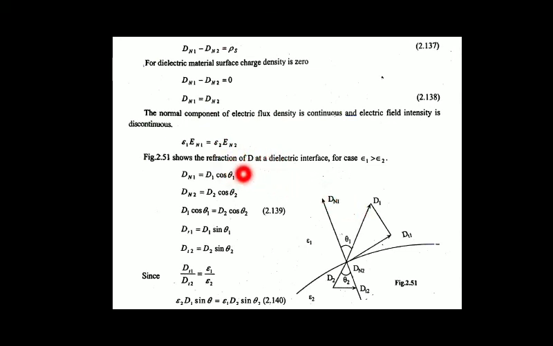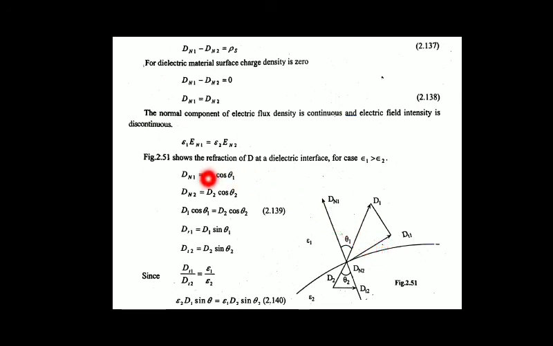Figure 2.51 shows the refraction of D at the dielectric surface for the case ε1 greater than ε2. Here is dielectric 1 and this is dielectric 2. The flux density is divided into two parts, tangential and normal components. Similarly D2 is divided into tangential and normal components.